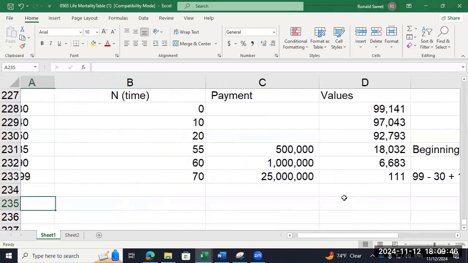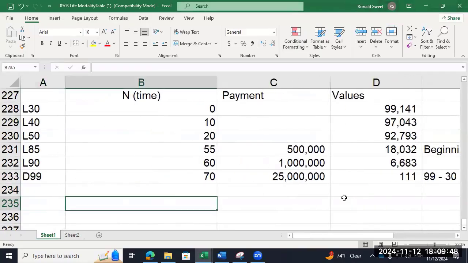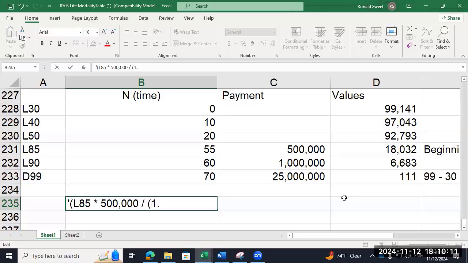All right. So if you think about this premium, you should be able to figure it out just by looking at it or get pretty close. You know you're going to pay L85. You're going to pay them 500,000. You're going to divide that by 1.05 raised to the 55.